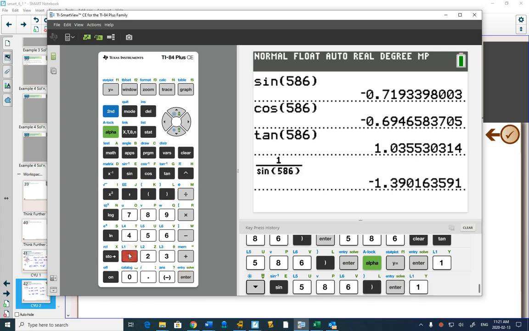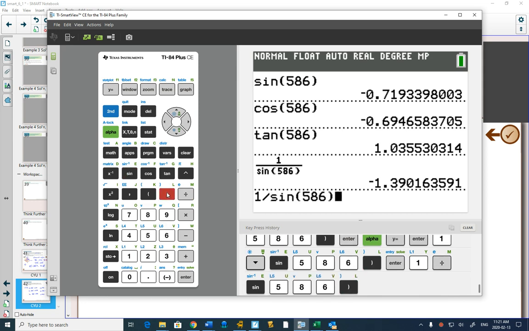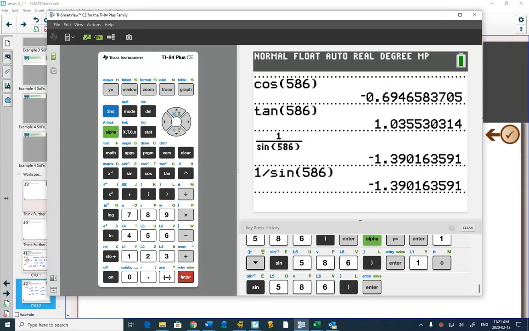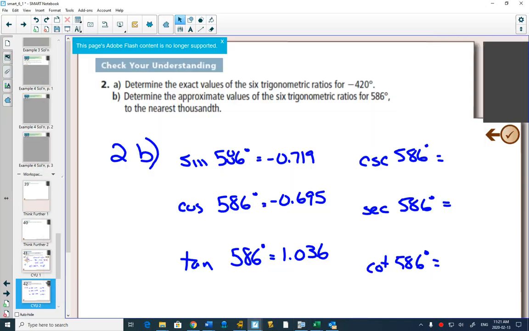Push enter. Other ones you just have to do 1 divided by sine of 586. You have to be careful in this form, because if you have more than one thing in your numerator or your denominator, sometimes you have to add extra brackets. But in this case, it works either way. Negative 1.390 to 3 decimal places. Do you know that you would have to write that 0?